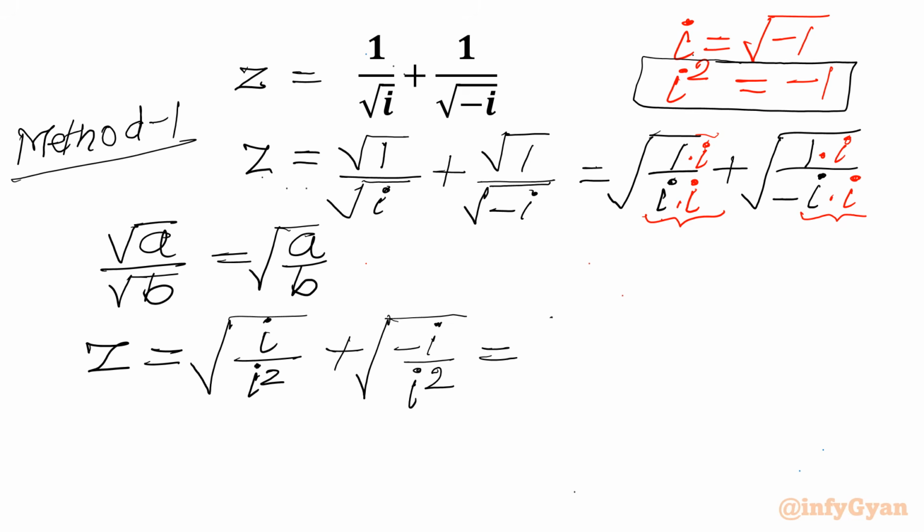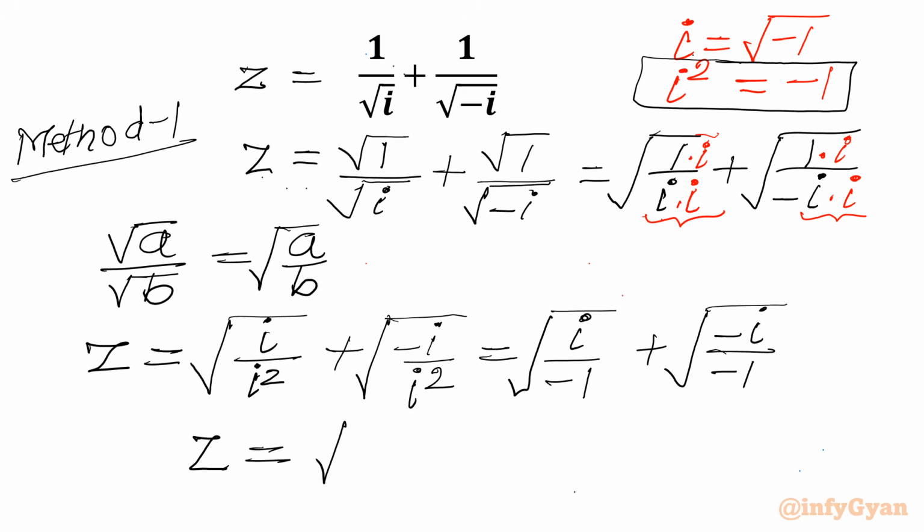So we will be writing square root of i over negative 1 plus square root of negative i over negative 1. So we can write z will be equal to square root of negative i plus square root of i. So I can write here z will be equal to square root of i plus square root of negative i.